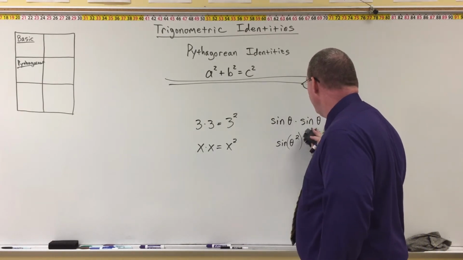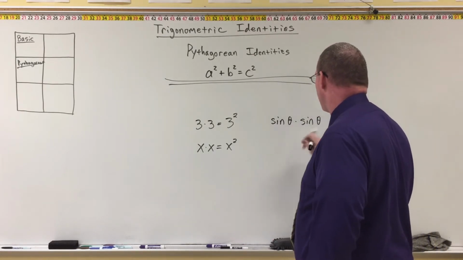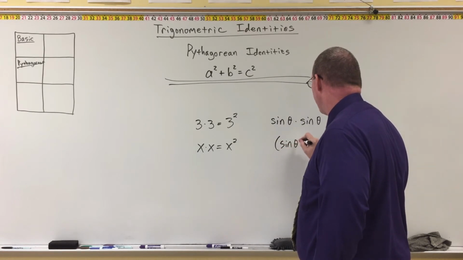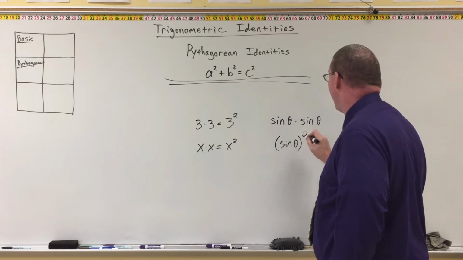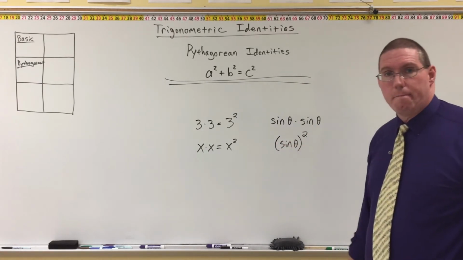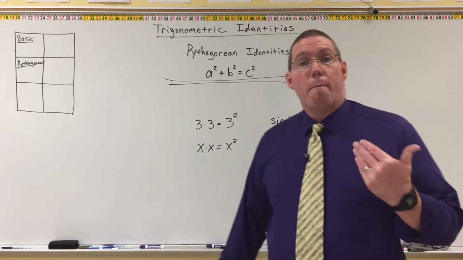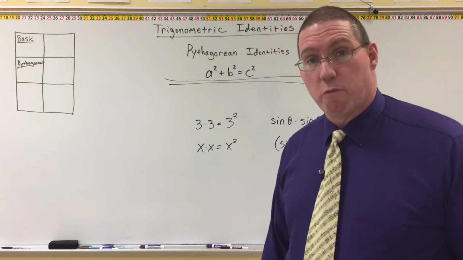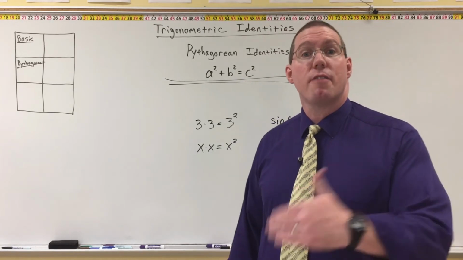So now what you could do to represent sine of theta times sine of theta is you can put sine of theta in parentheses and then square the parentheses. Now we have sine of theta times sine of theta. But the math people throughout history have figured out a better way of writing it that makes sense to them.